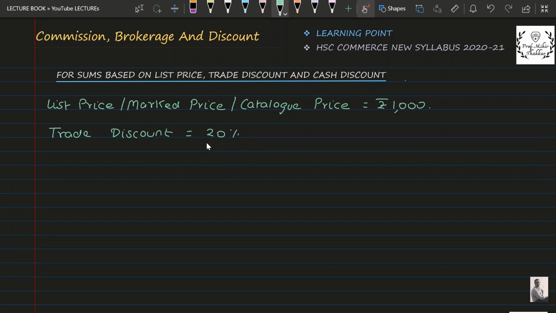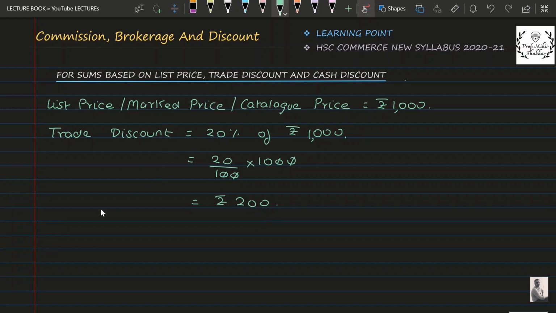Obviously this trade discount will be on the list price of the article. So it will be 20% of rupees 1000, which is nothing but 20 upon 100 into 1000. If you simplify this, you can easily get the answer as rupees 200.